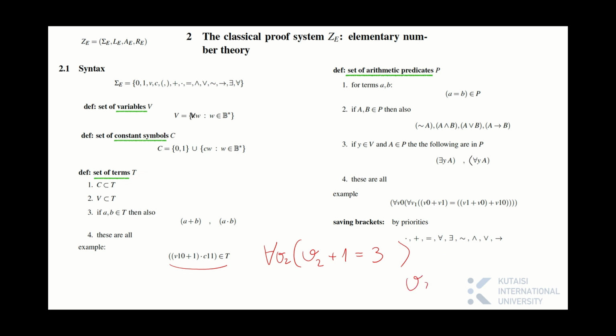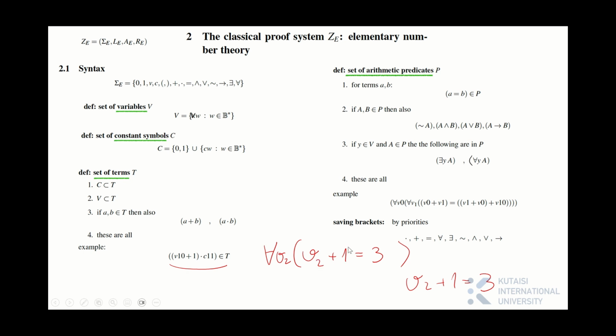In this expression here, v2 was a free variable. You can think of this thing as depending on v2. But when I put this "any" here, v2 became a bound variable.